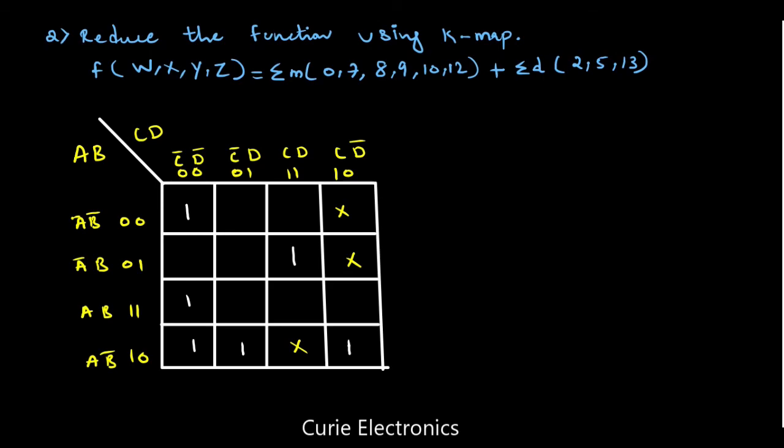Now to simplify this, I have to look for the largest groups. So this don't care, I will make it 1. Then I will make this as one group. This is a quad. Then what else we can do? These two ones, I will make it another group.